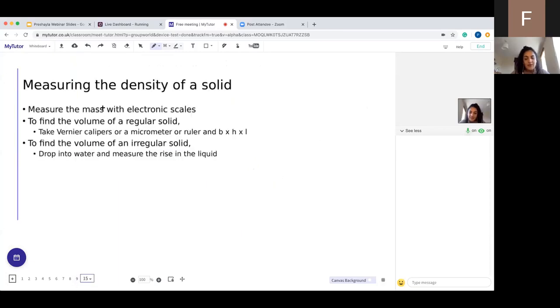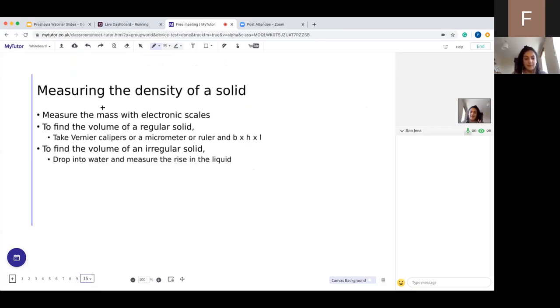Okay, so how do we measure the density of a solid? Well, to measure the mass of the solid, we can just measure it on scales, on an electric balance. So we get the mass from just weighing it, but what about the volume? Well, to find the volume of a regular solid, we use our normal formulas for volume.